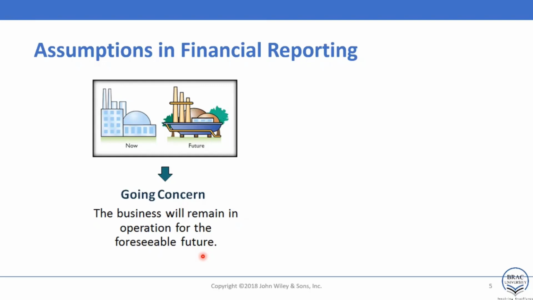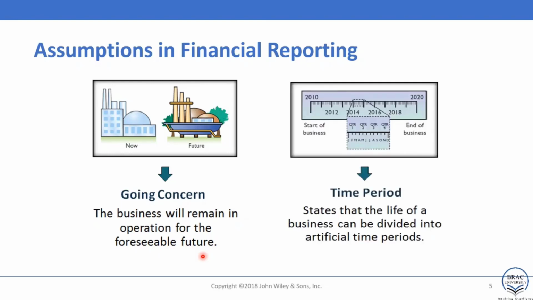Because whenever you have set up a business, or whenever you have a business, you may feel the need to learn about how much profit you have generated, or how much asset you have increased after a particular point of time. So what most businesses do, or what accounting does, the accountants divide the life of the business into artificial time periods.